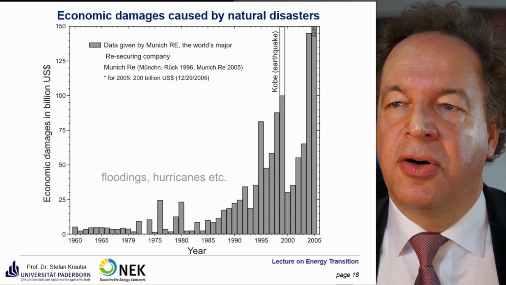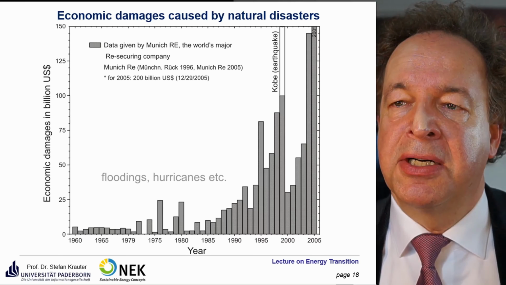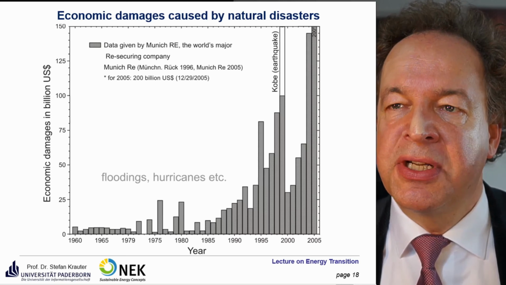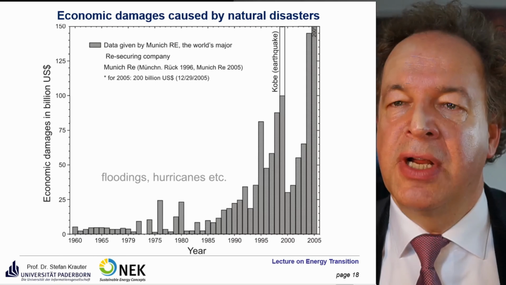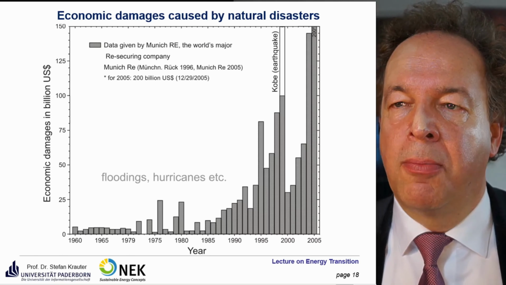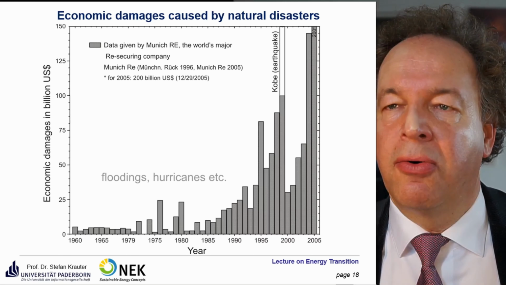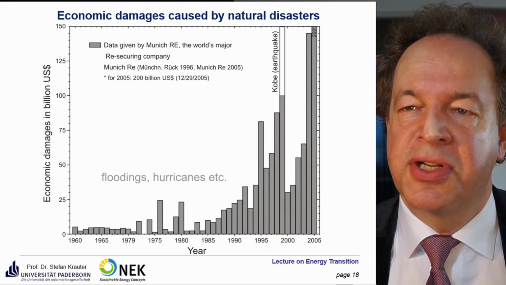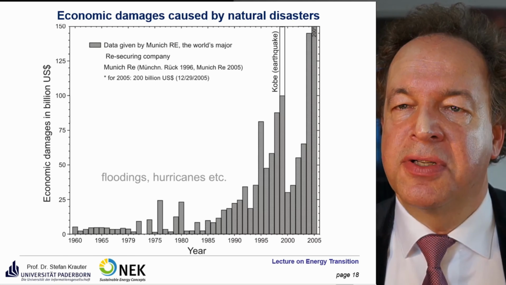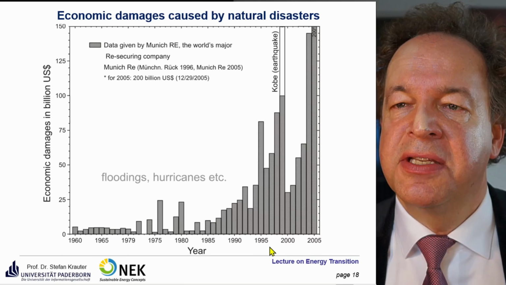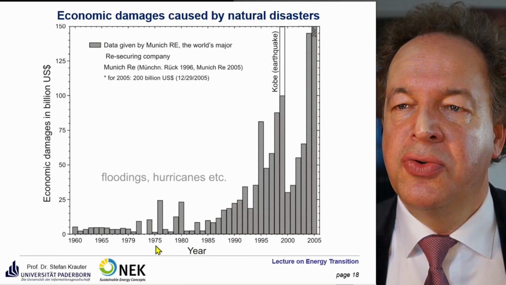So the effects of the temperature increases are more and stronger storms, and this led to natural disasters. Even companies like the Munich reinsurance company have already set up a task force to investigate that, because they suffer from these economic damages, at least the insured economic damages, and these increased a lot during the last decades.